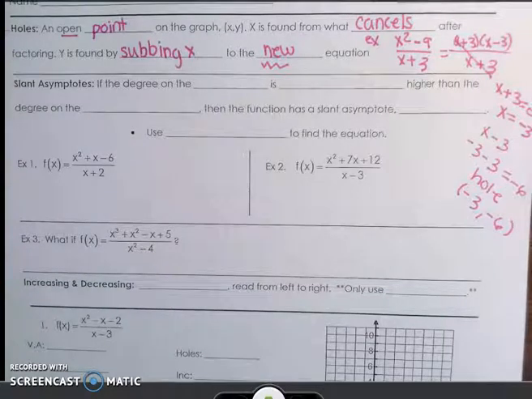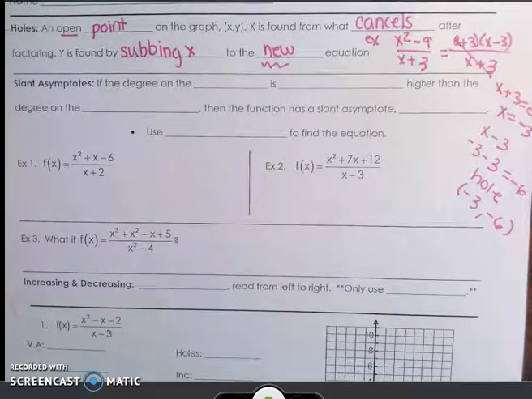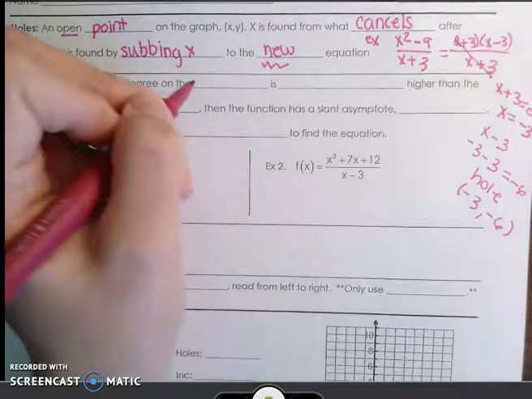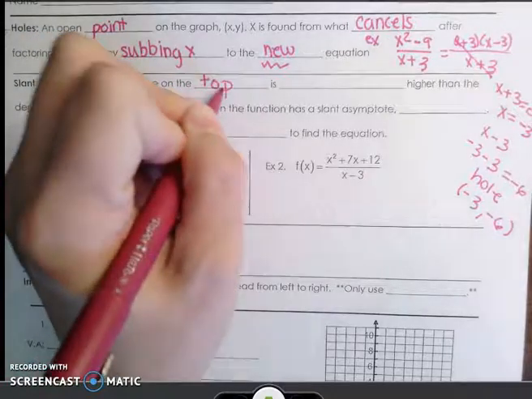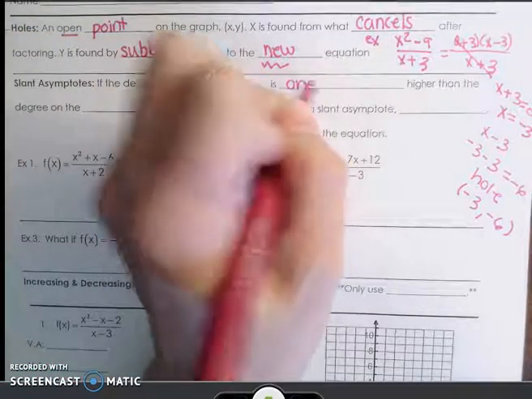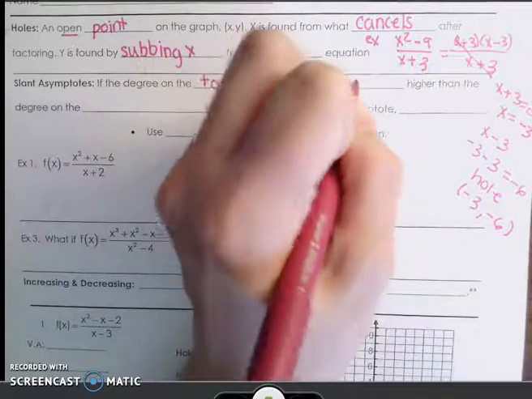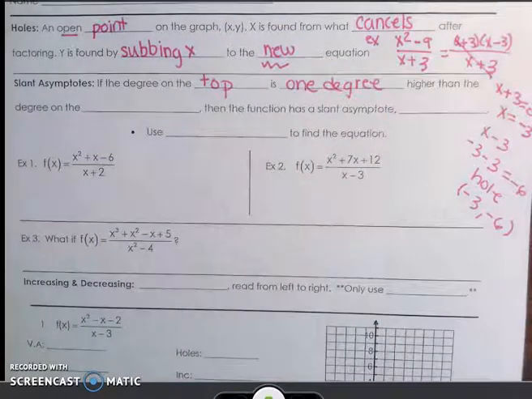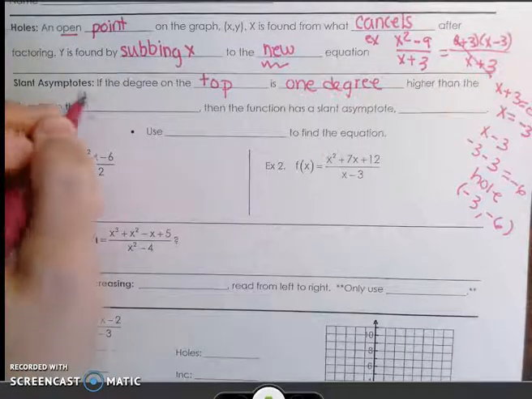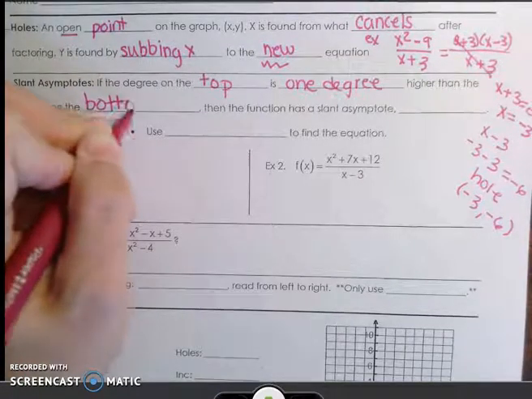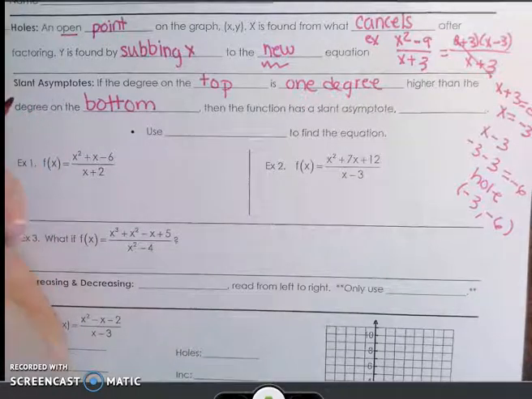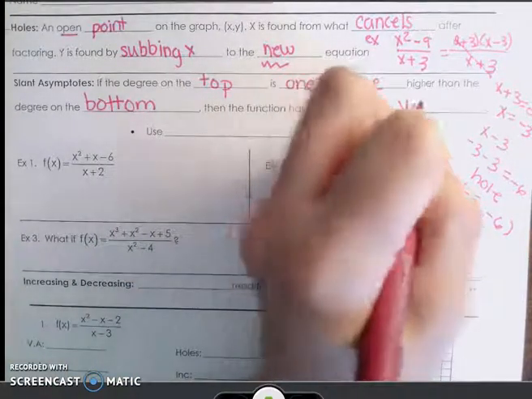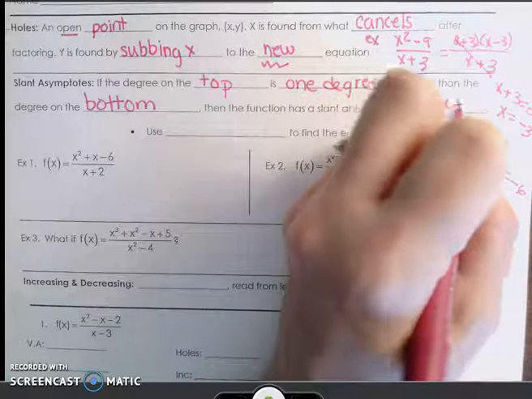All right, then the other thing that we haven't talked about is called a slant asymptote. A slant asymptote is where the degree on the top is 1 degree bigger or higher than the degree on the bottom. And when you have this, you have a slant asymptote. Sometimes it's also called an oblique asymptote, but it's going to be in the form y equals mx plus b.